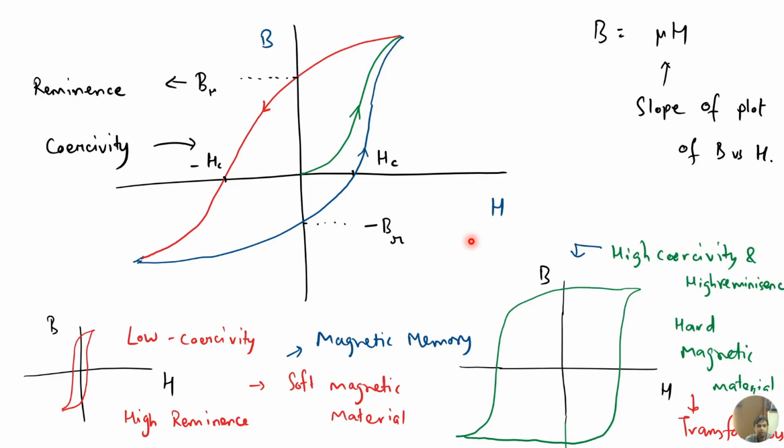Now if you do an experiment, you apply H and you measure the value of B. When we do that experiment, first when we increase the value of H, then B will also increase based on the material, and it will reach a certain value of magnetic field induction for a given magnetic field strength.